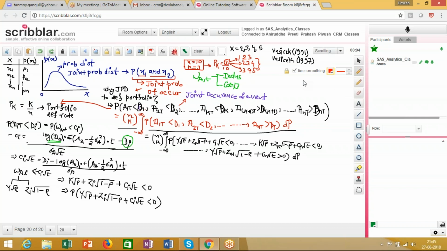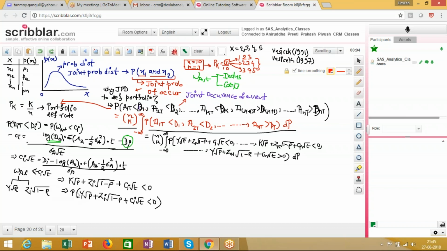Right. So from there, we also started identifying what would be the joint probability distribution of the loss. And from there, we see that the joint probability distribution turns out to be the integral from minus infinity to plus infinity of the entire probability distribution.